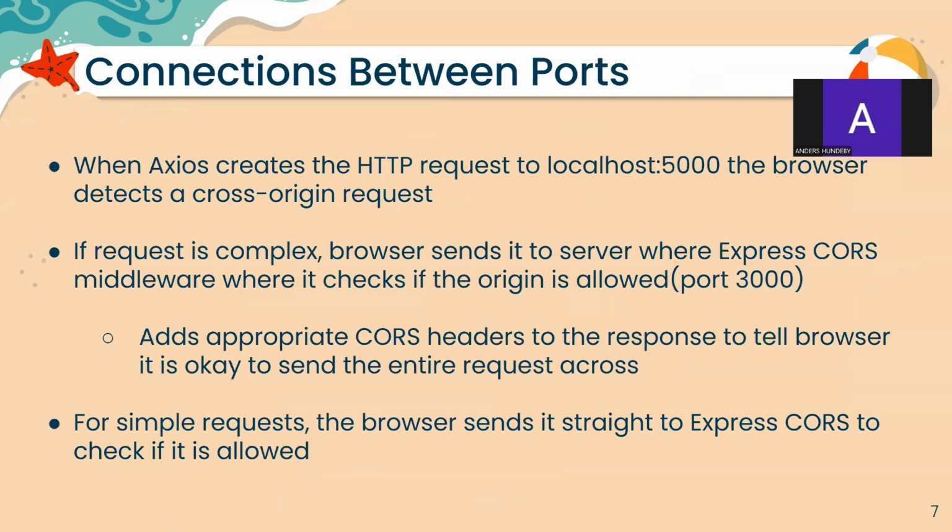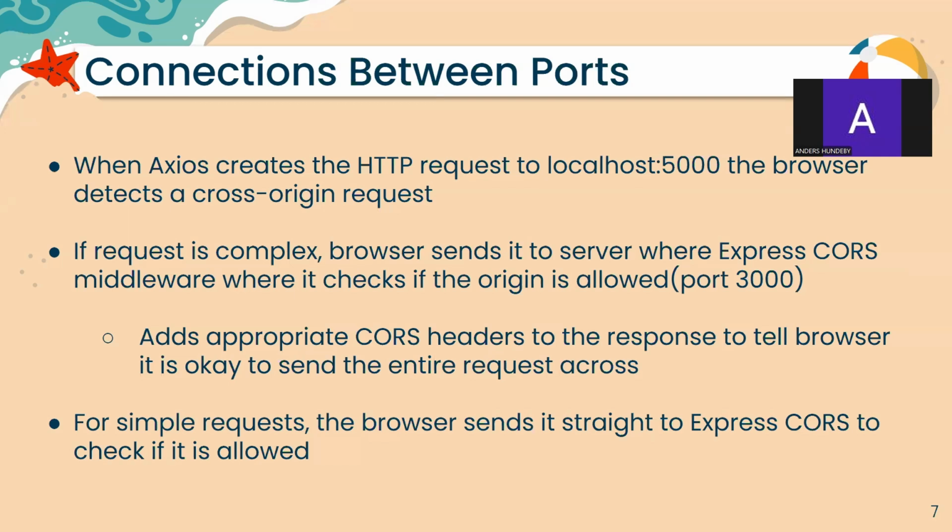So one thing with the passing between the ports is that when Axios creates that HTTP request to port 5000, the browser will detect a cross-origin request. If the request is complex, the browser sends a preflight to the server where CORS middleware will check to see if the origin is allowed.